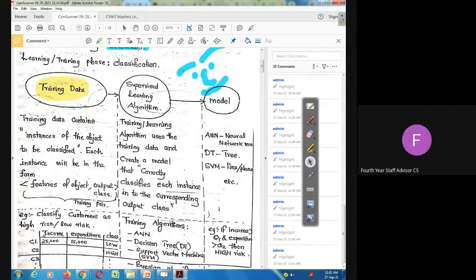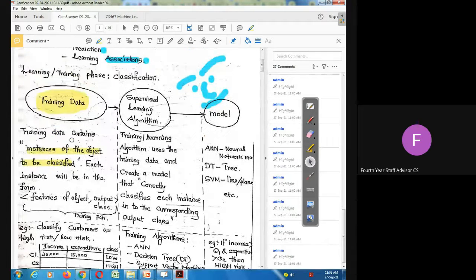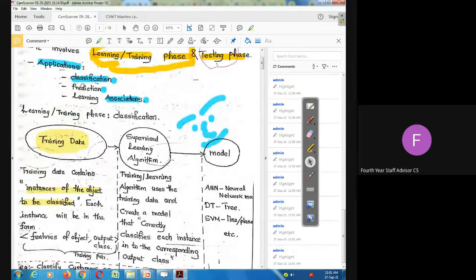So what is training data? We can understand training data in this way. Training data contains instances of the object to be classified. Already I told you, here also we are discussing classification.